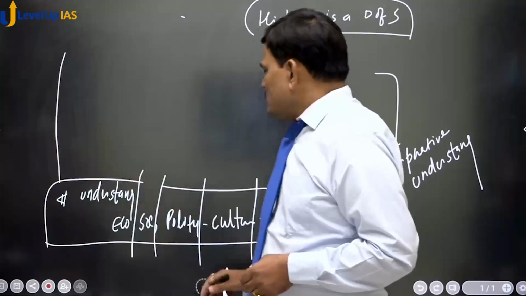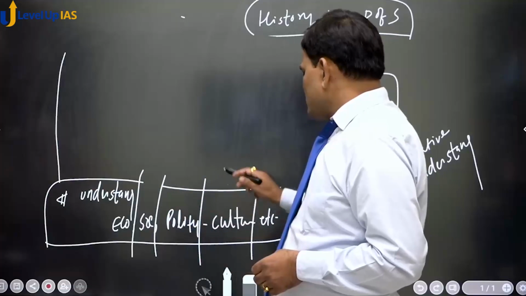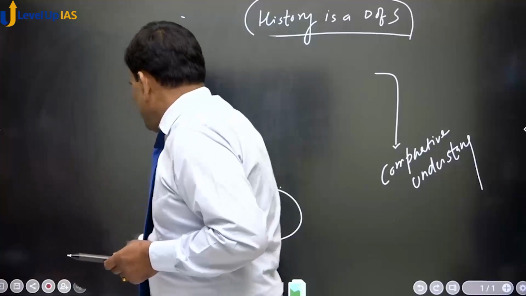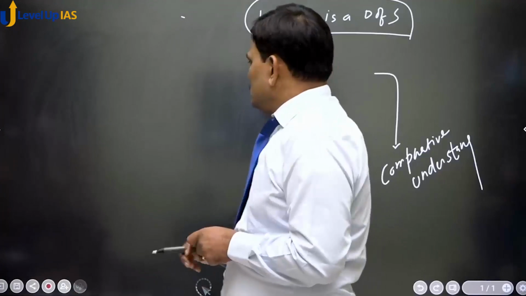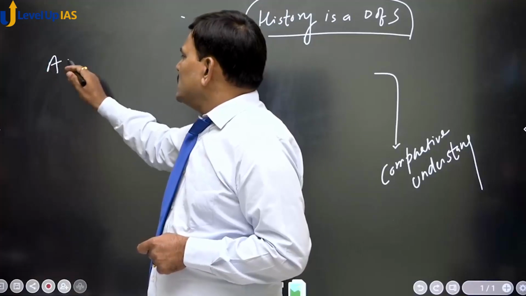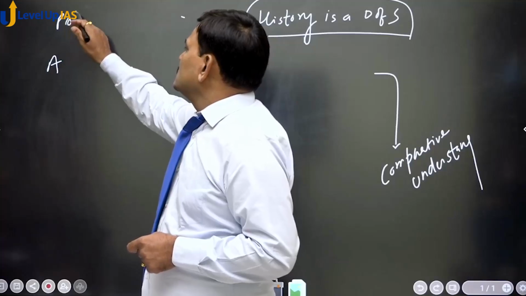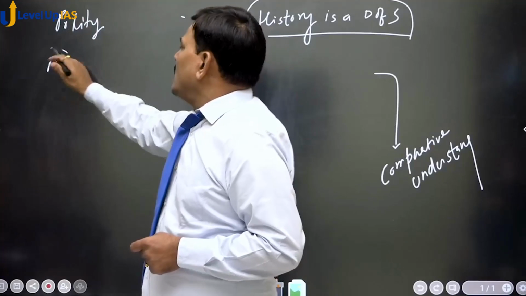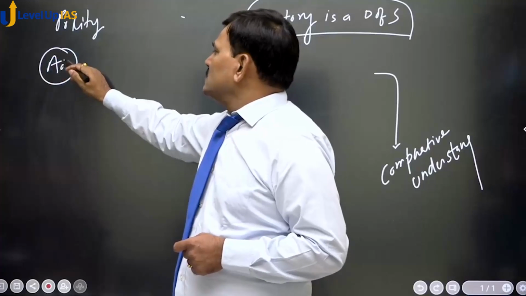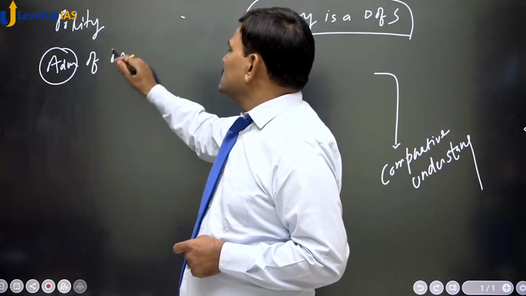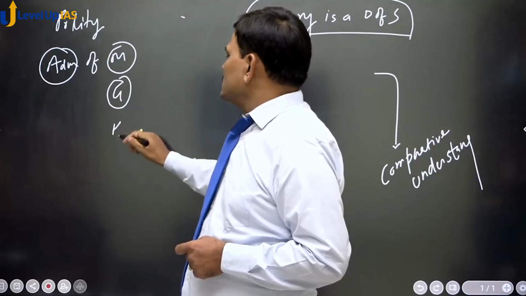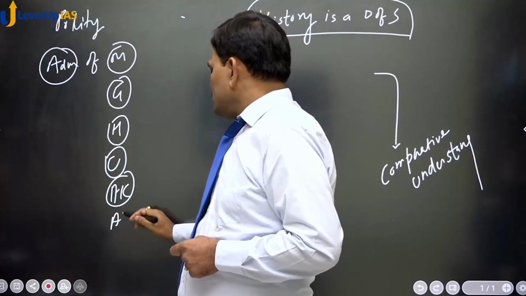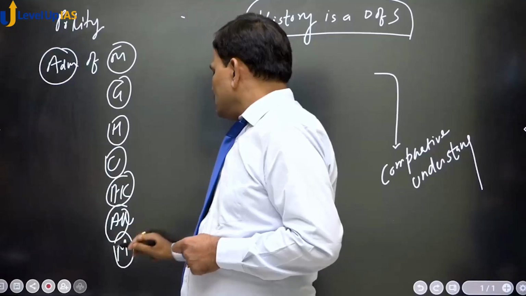So, while reading about economy and society and polity and culture, you have to understand that if you do not know the polity, how can you understand the administration of Maurya or Gupta or Chola or Alauddin Khilji or Akbar or overall Mughal or British?